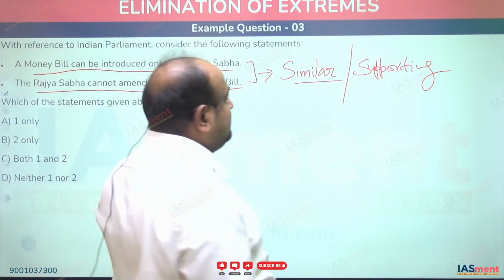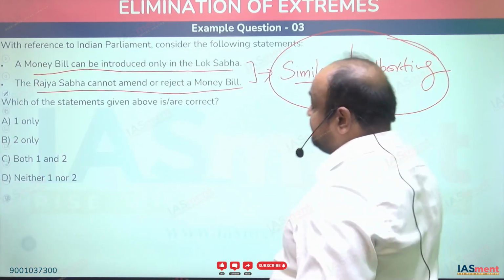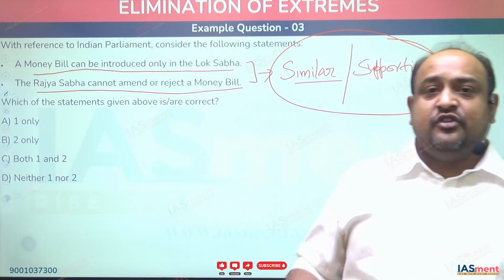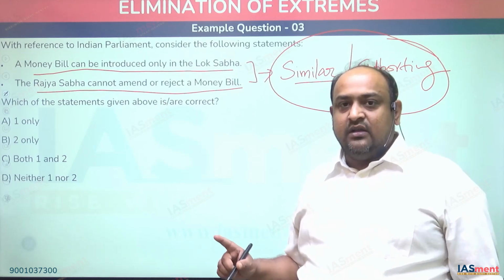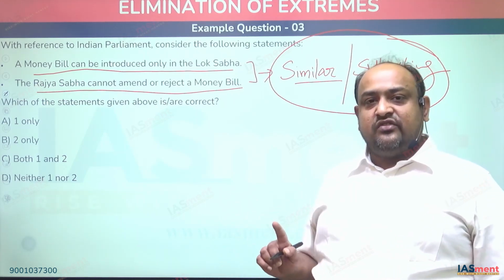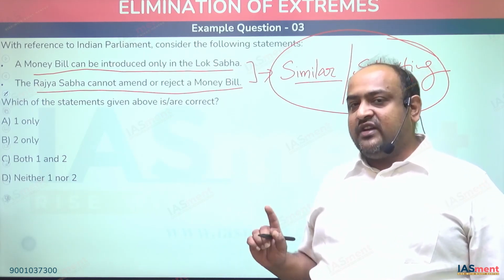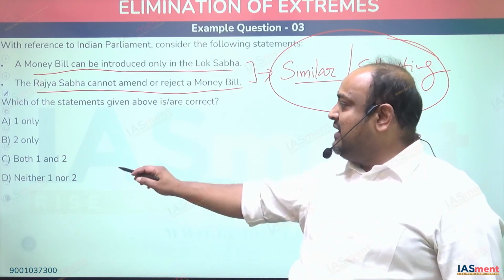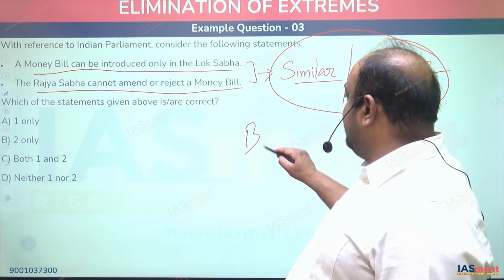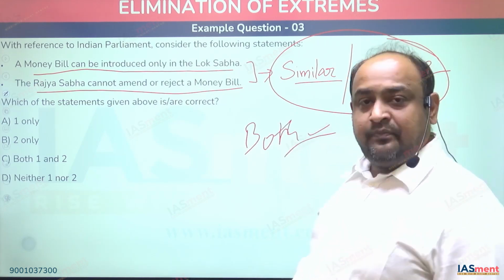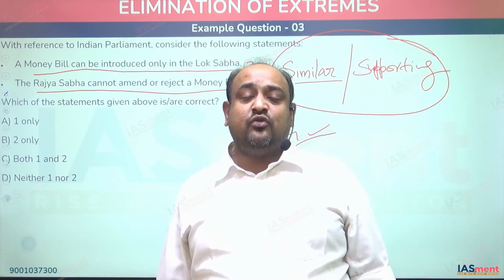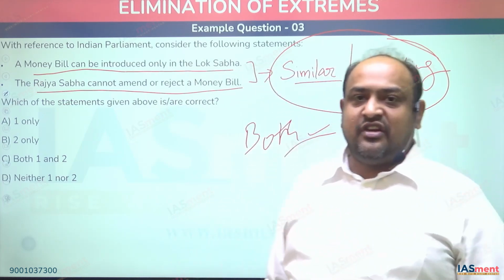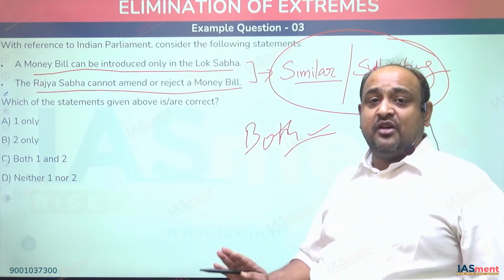Okay. So here, a money bill can be introduced only in Lok Sabha. See, if both the statements are supporting each other, the benefit is that you might be unaware about the second statement, but if you are aware of either of the statements and you identify that this is correct, then the answer will always be both correct. You don't even have to read the second statement. One reading is definitely necessary to identify whether the statements are similar or contradictory.